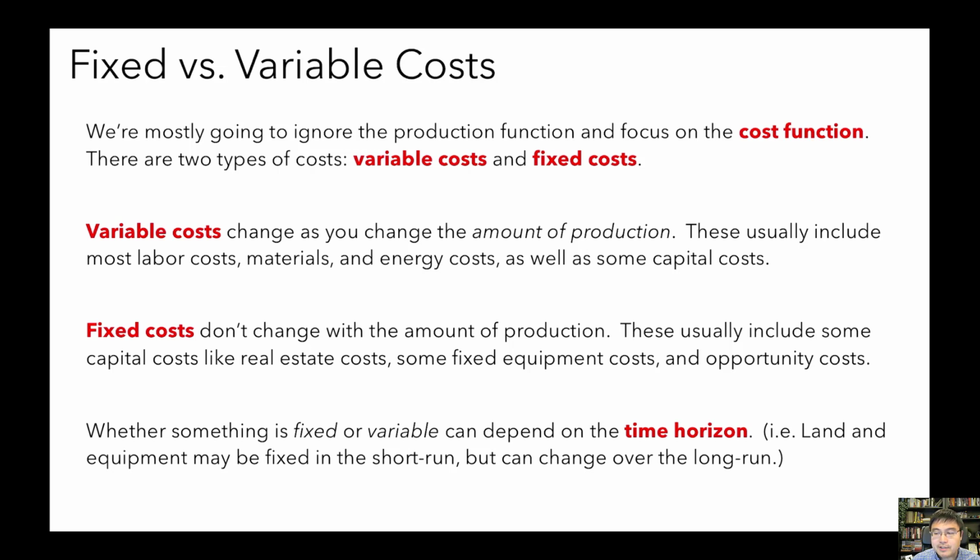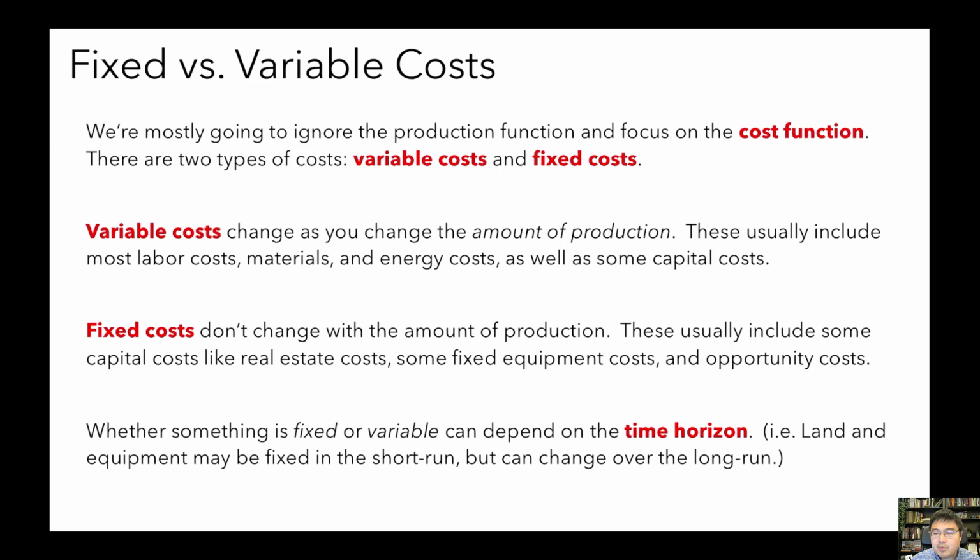And so that's a fixed cost from your perspective, okay? And then the other thing is opportunity costs are usually fixed costs as well, okay? Because what you would be doing with your time instead of running the business is going to probably be the same regardless of how many customers your business is serving.